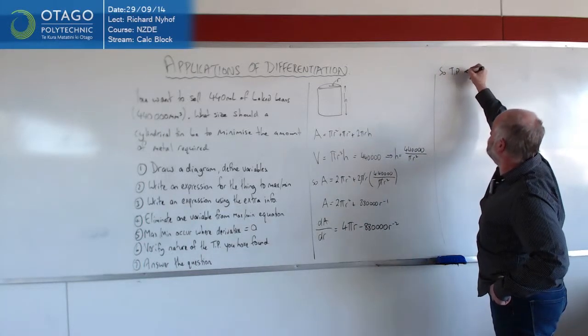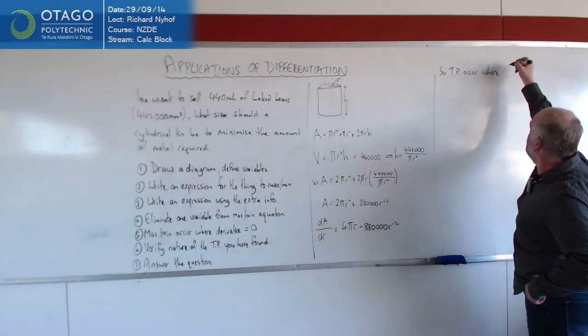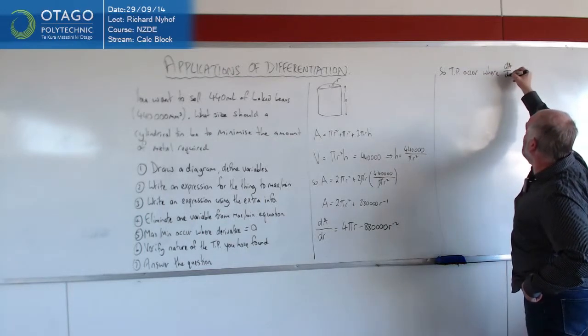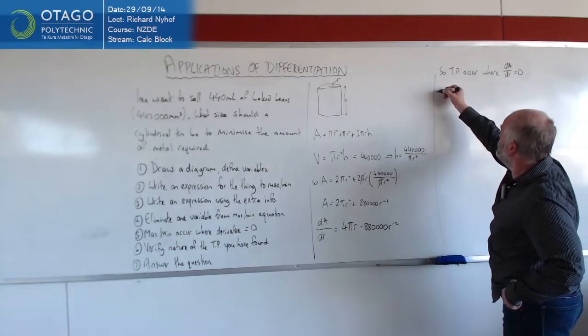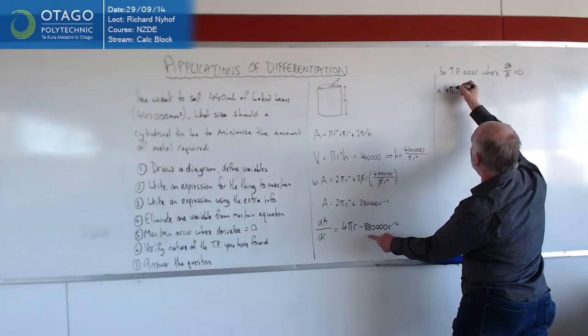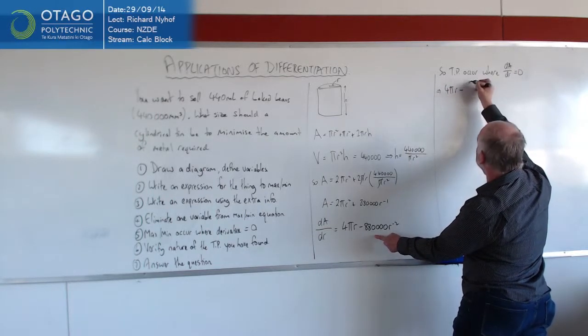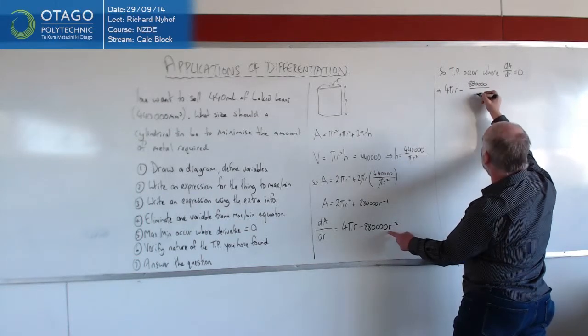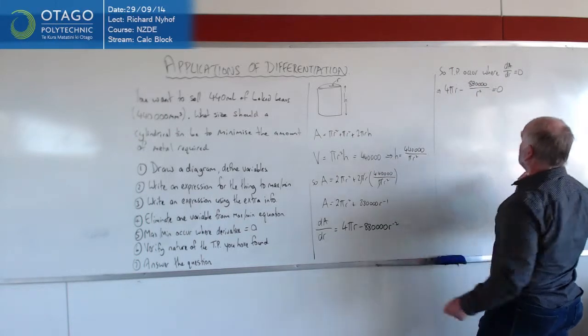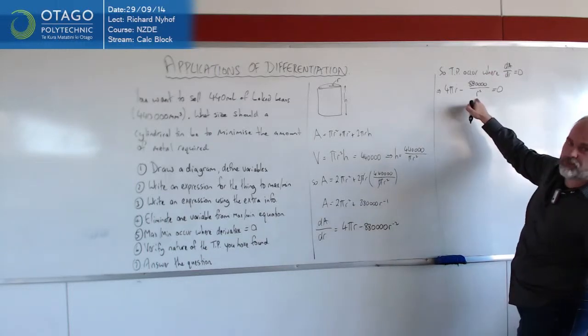So turning points occur where dA by dr equals 0. So that implies that this sucker here equals 0. So 4 pi r, only 1 r, minus 880,000 over r squared equals 0. That's how I've gone back from the -2 to the thing on the bottom.